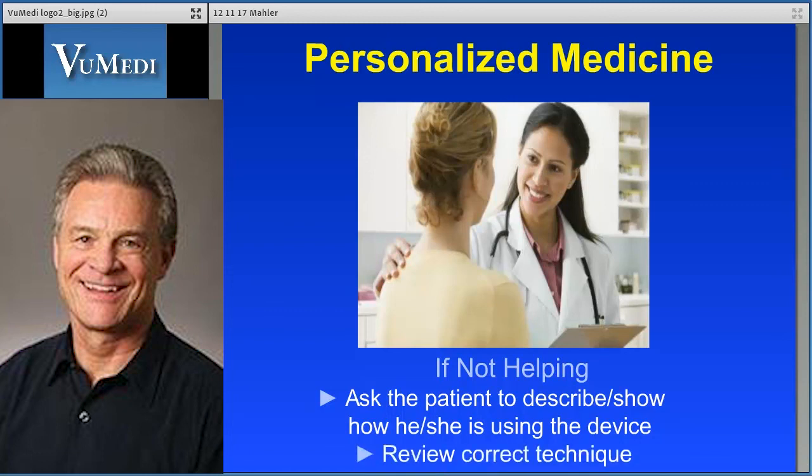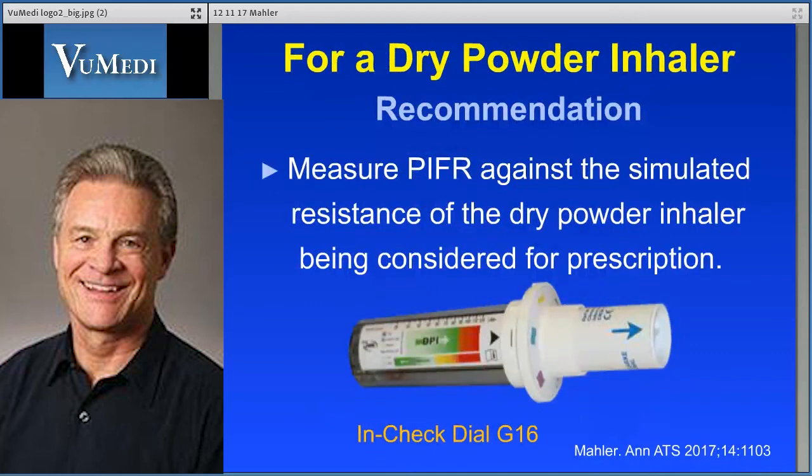and review correct technique. For a dry powder inhaler being considered, the recommendation is to measure peak inspiratory flow rate against the simulated resistance of the dry powder inhaler being considered for prescription.